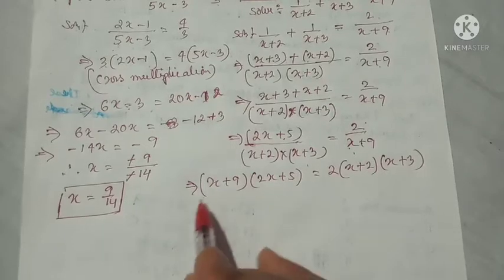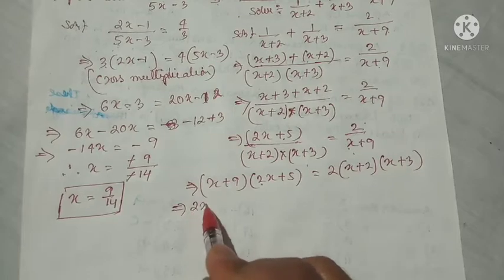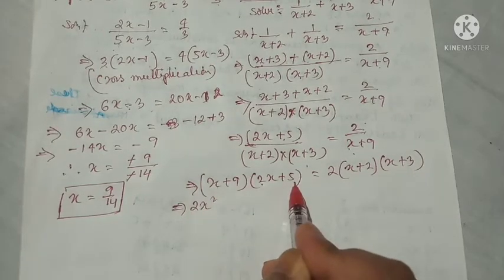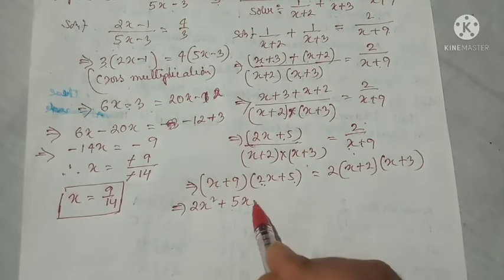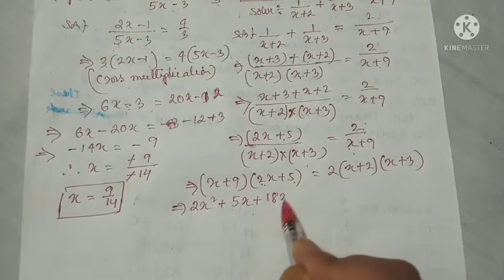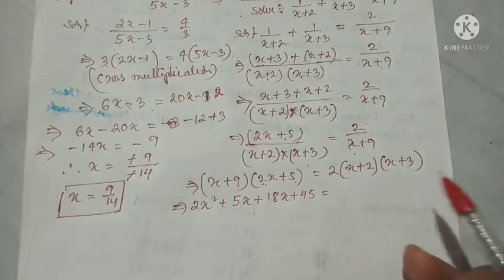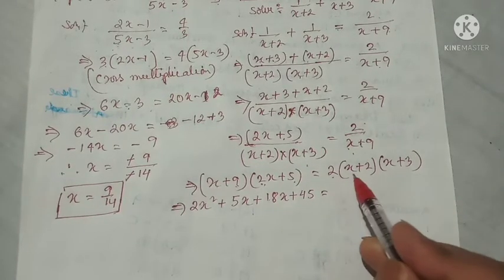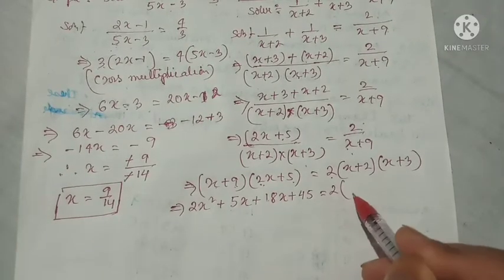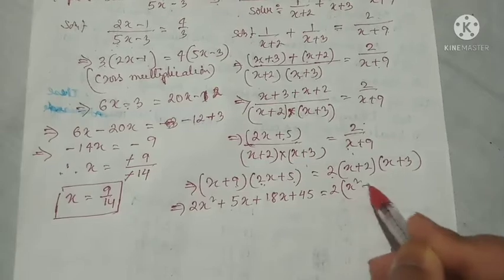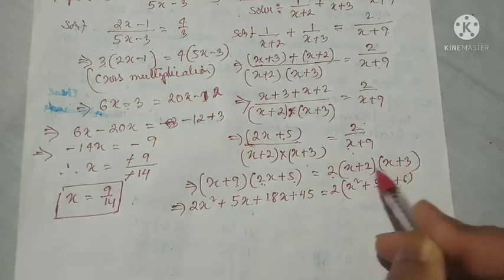Here x will multiply with 2x, you will get 2x square. If you multiply with 5, you will get 5x. And again you multiply with 9, your answer will be 18x. You multiply 5 and 9, you will get 45. In the right hand side, if you multiply these two, you get x square plus 5x plus 6.